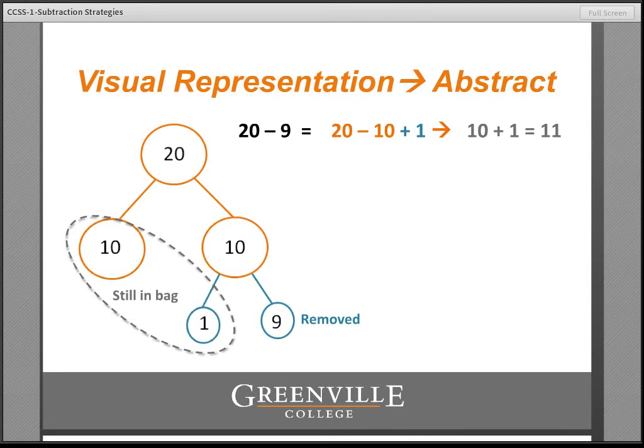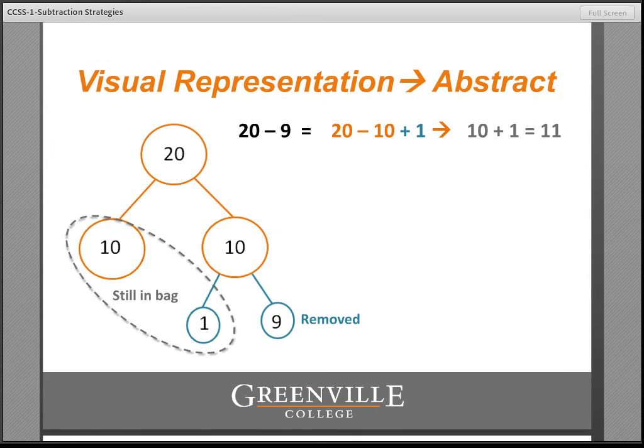Well, you put 1 from that 10 that you removed back in the bag. So then I show that that 10 that I pulled out of the bag was decomposed into a 1 and a 9. And the dashed line here shows that I returned that 1 back to the bag. Now the children can see that we had 10, and then the other 10 is decomposed into a 1 and a 9, and put that 1 back in the bag.